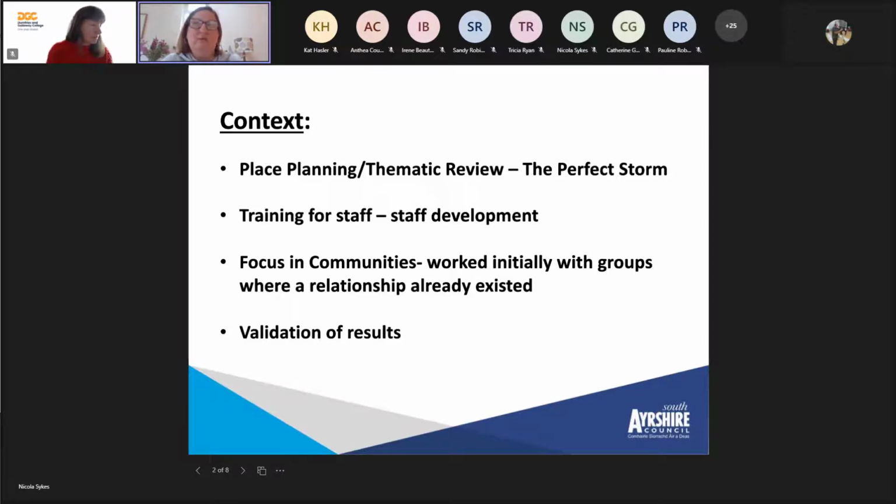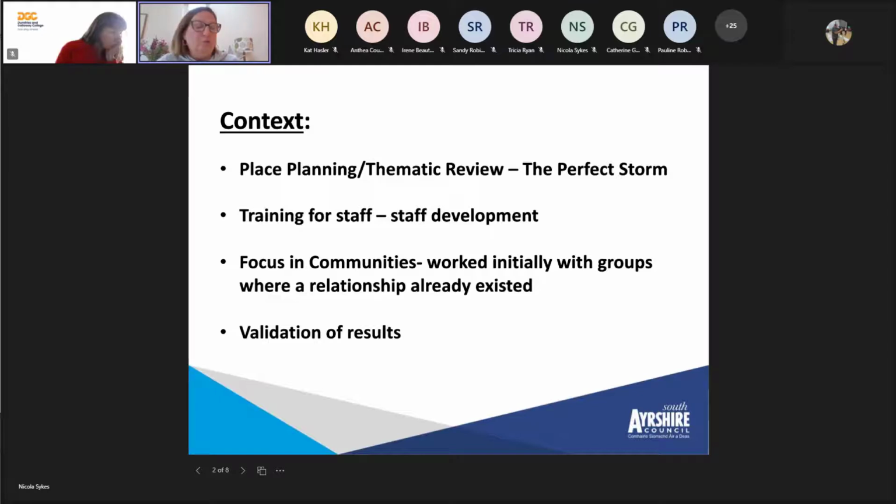We'd already done a bit of work in previous years with a few communities across South Ayrshire using the charrette process, so there were place plans in place for some areas. However, we decided to focus on two key areas, which were identified within our local outcomes improvement plan as areas where we wanted to develop local plans, and which were experiencing poorer outcomes.